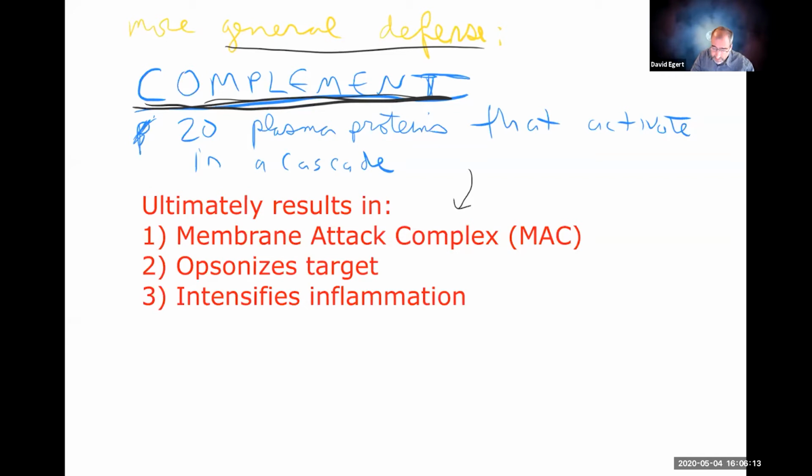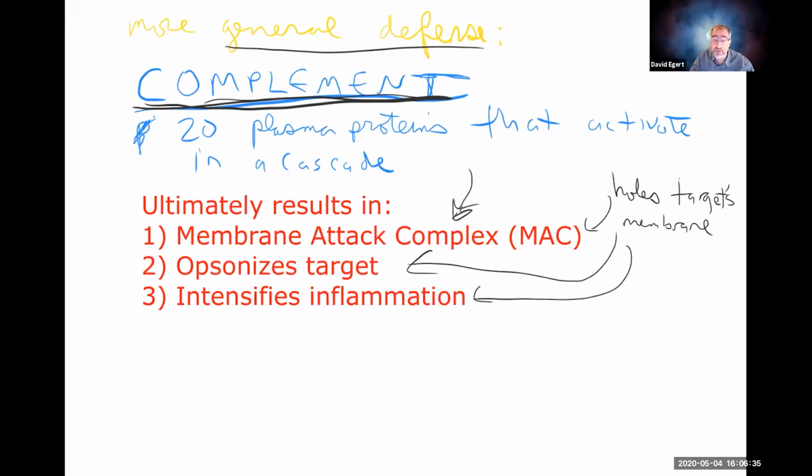All of a sudden, the target's going to start having holes in its membrane. So this is holes in target's membrane. All of a sudden, the target has all these little handles for the phagocytes to grab onto. And we're going to see why inflammation is also going to help with the defense here.